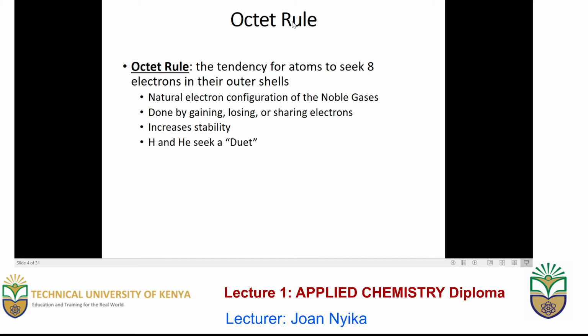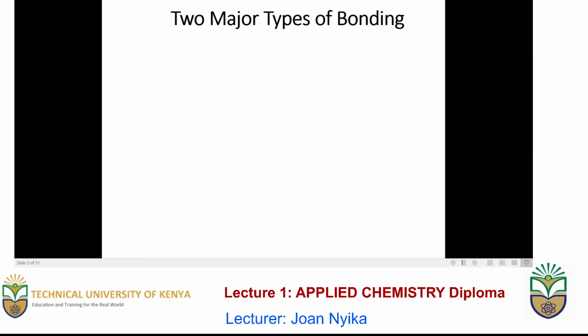However, the octet rule applies for all elements with the exception of helium and hydrogen. Helium and hydrogen do not follow the octet rule because their atomic number is 2. Therefore, they are only seeking to fill the first shell that contains 2 electrons.